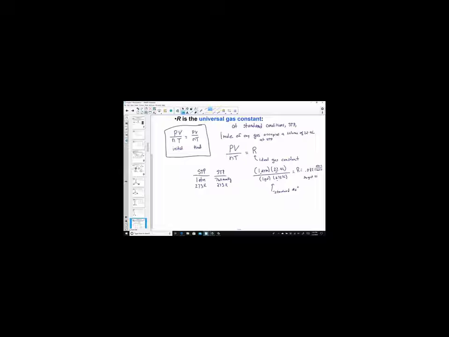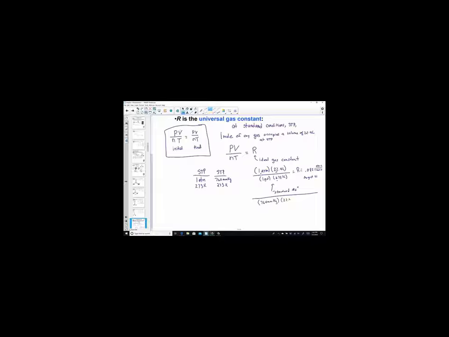So when I'm looking at any type of ideal gas law constant, R is determined by the pressure unit you put in. And I said a moment ago, what if instead of atmospheres, we used millimeters of mercury? That standard pressure in millimeters of mercury is 760.